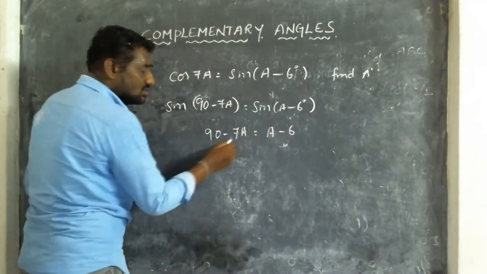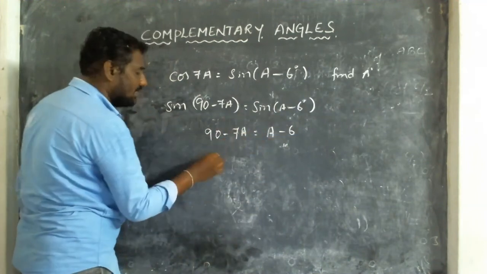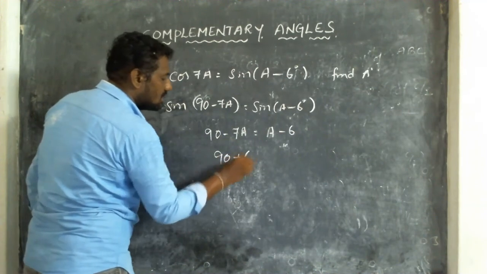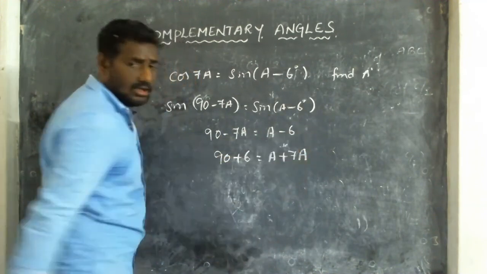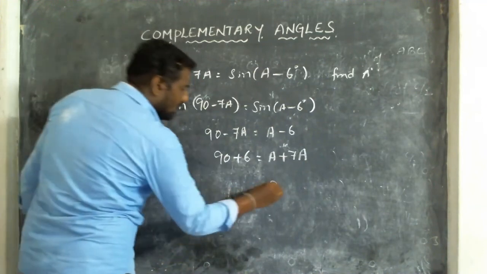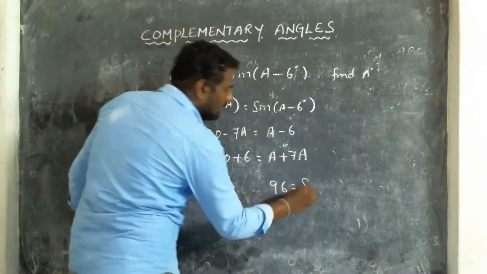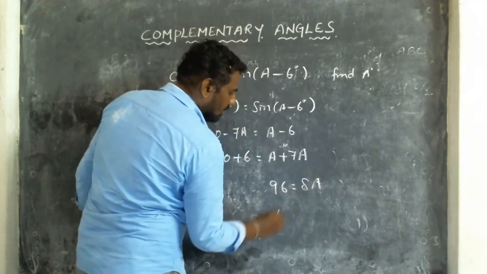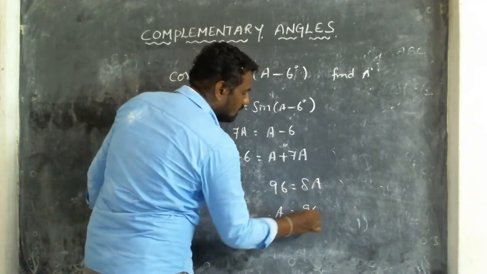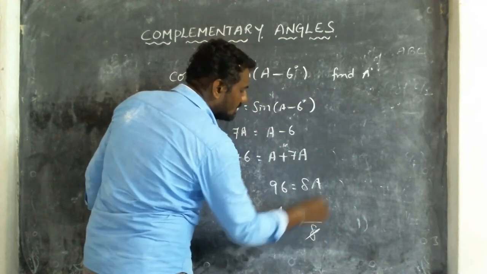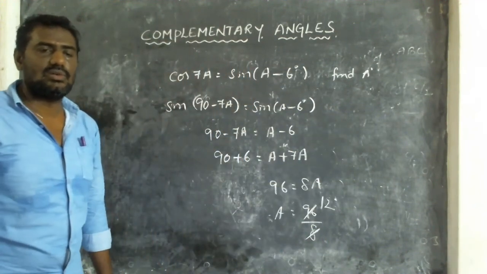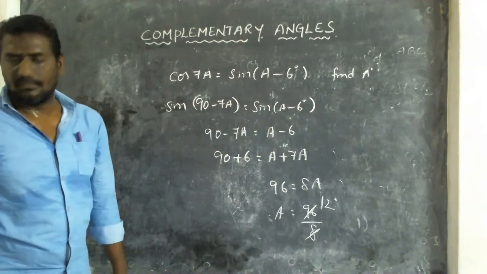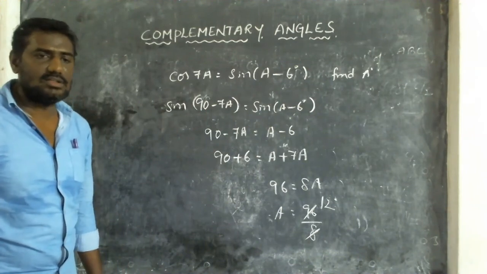Bring this minus 6 to the left side, minus 7A to the right side. 90 plus 6 equal to A plus 7A. 90 plus 6 we can write as 96 equal to 8A. Bring 8 to the denominator. A equal to 96 by 8, that is 12. So finally, the A value is 12 degree.